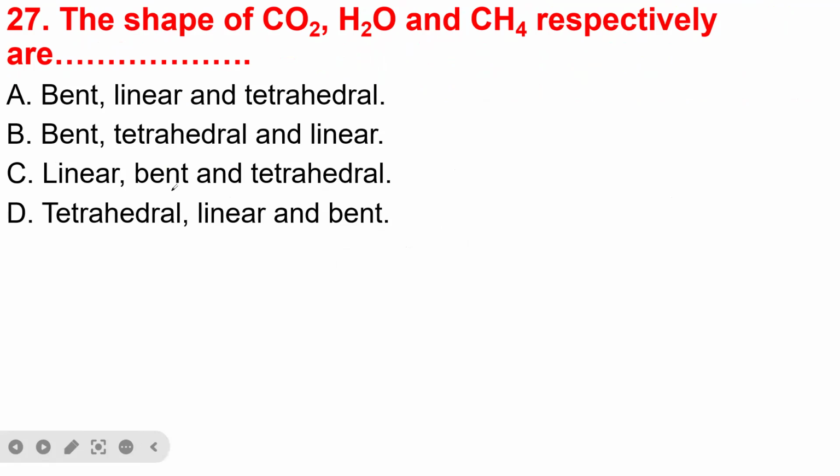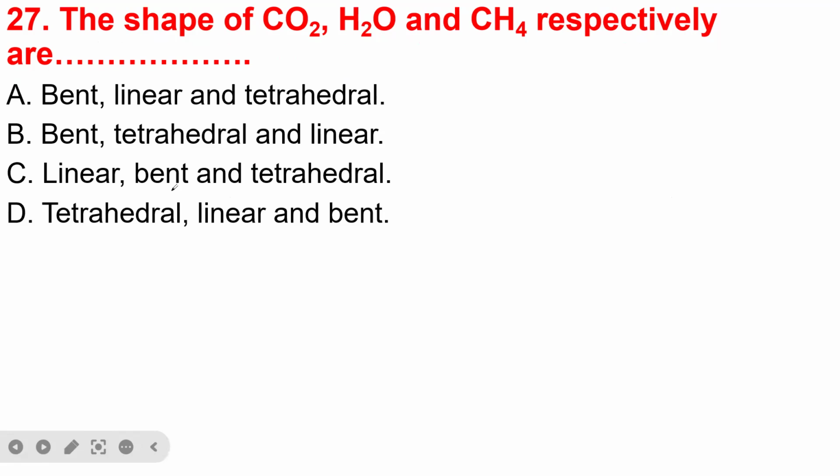Then question 27: the shapes of CO2, H2O, and CH4 respectively are: A, bent, linear, and tetrahedral; B, bent, tetrahedral, and linear; C, linear, bent, and tetrahedral; D, tetrahedral, linear, and bent. Ladies and gentlemen, I made a video on the shapes of molecules where I talked about how these molecules look.